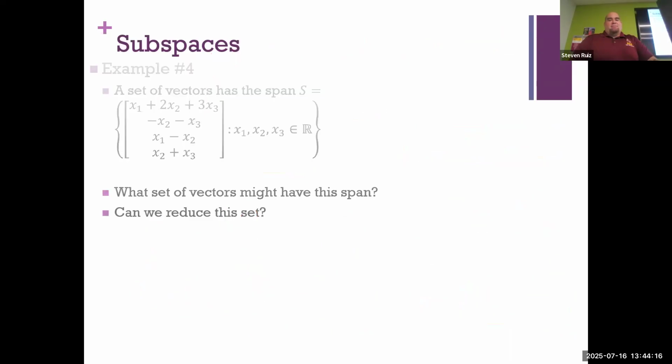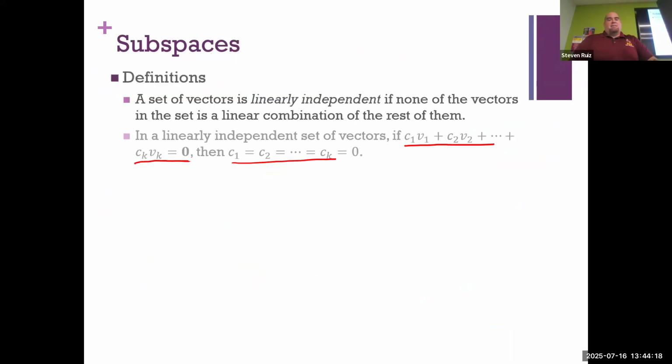So if you have a linearly independent set, and you have a combination that equals 0, the only way you can make that happen is if you scale them all down to 0. Let me give you a small one here. Here are 2 vectors that I promise you are linearly independent.